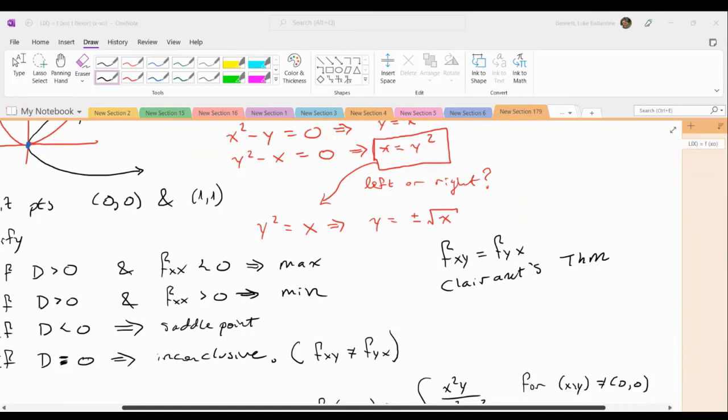He has a gravity theorem, but this is the mixed partials equality. So this is true provided fxy and fyx are continuous. And we don't have to worry about anything other than this right now, or probably ever.